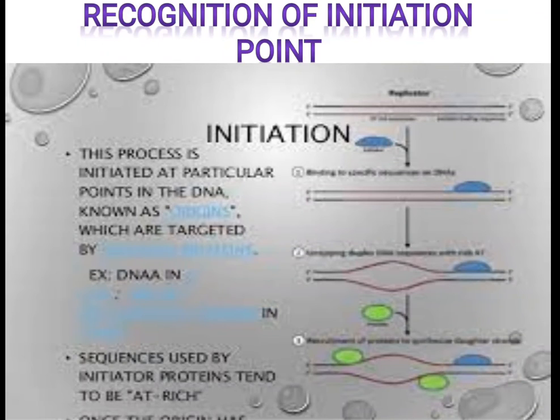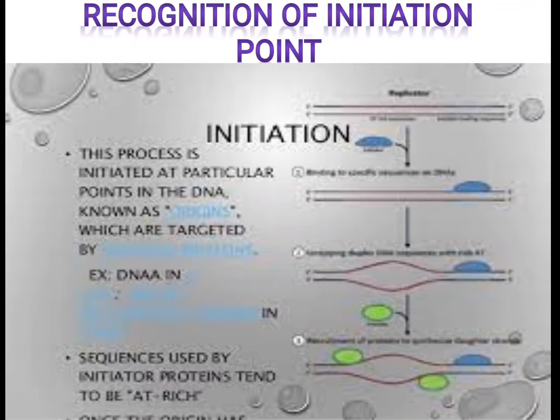Now here you must remember that specific initiator proteins are needed, and in viruses and prokaryotes like bacteria, there may be only one region of replication, but in eukaryotes there can be many initiation points, that is, at several places the replication of DNA can start simultaneously, which will finally merge with each other, and therefore the initiation at one point is a continuation which will occur at the rest of the points.